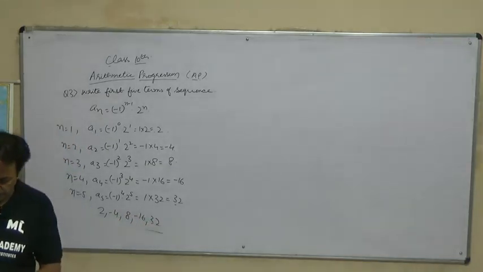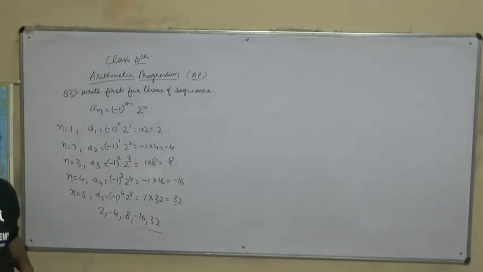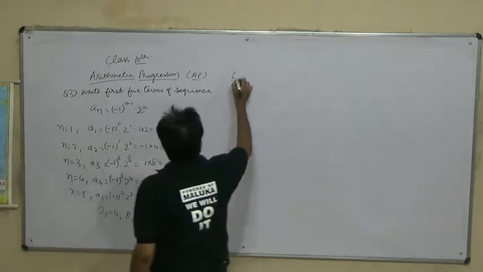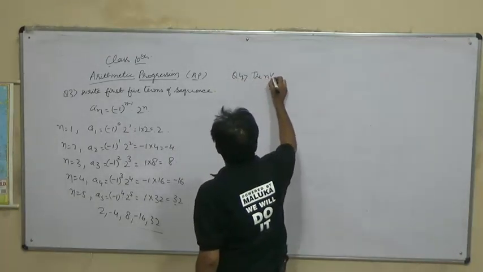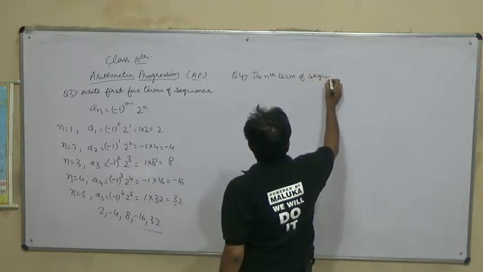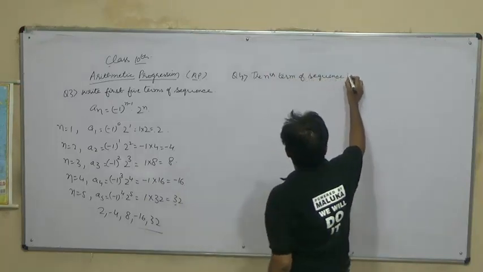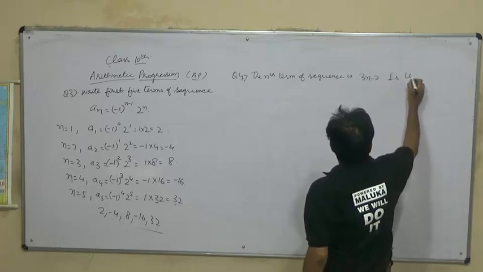The next is, the nth term of a sequence is given by 3n minus 2. Is this an AP?